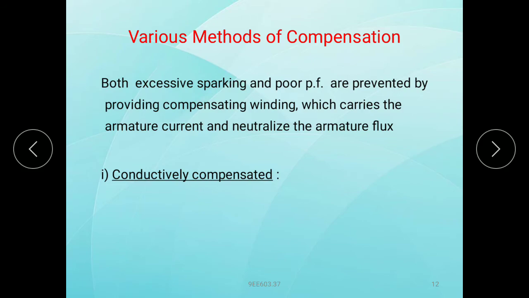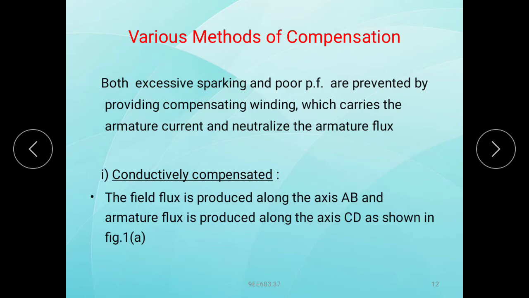Here conductively compensated. The field flux is produced along the axis AB and armature flux is produced along the axis CD, as shown in figure.